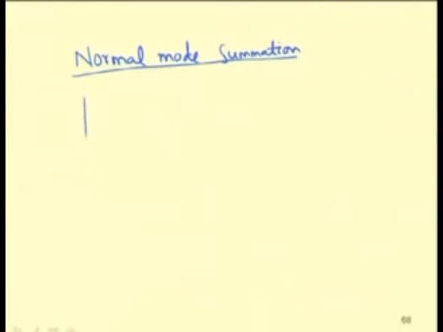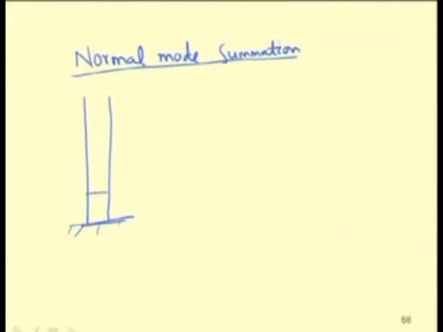So, one can use this normal mode summation method if one wants to reduce a very high degree of freedom system to a lower degree of freedom system. For example, in case of a multi-storied building subjected to earthquake excitation.